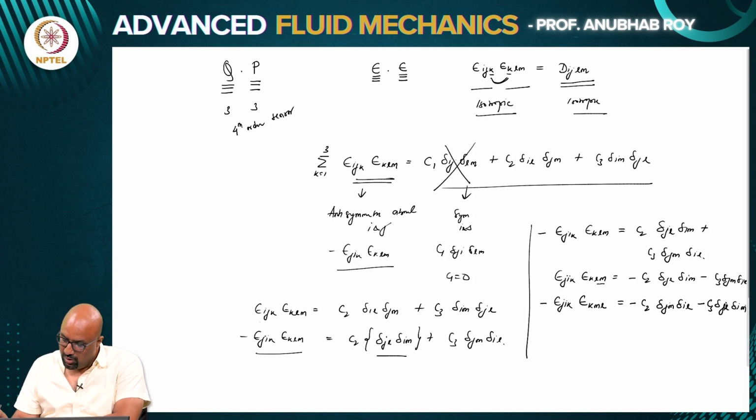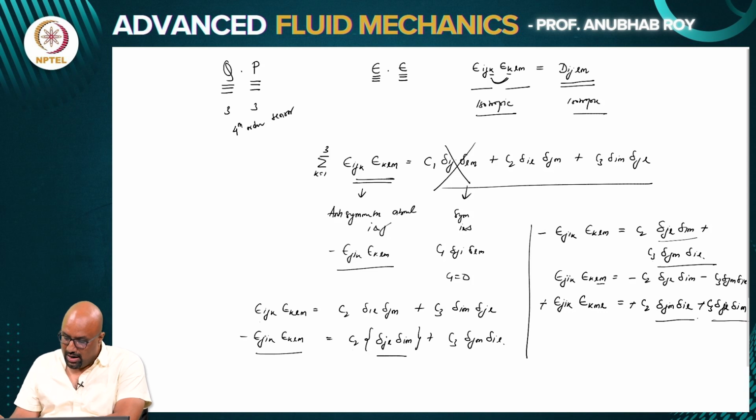So now if you stare at the two expressions that you have, C2 delta jl delta im here, you have here C3 delta jl delta im, and for the other expression C3 delta jm delta il, and here you have C2 delta jm delta il.